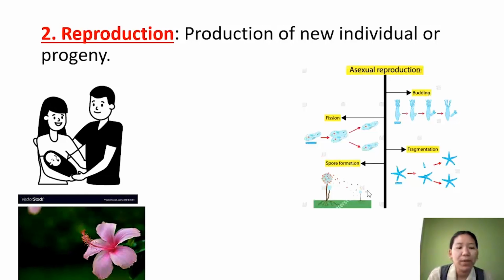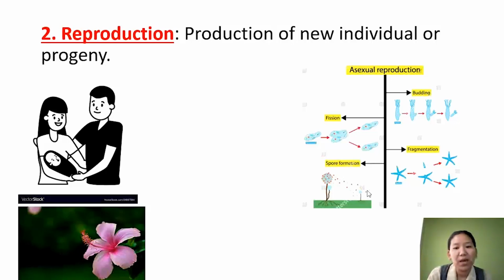The gametes of both the parents fuse to form a zygote, and this zygote in turn grows into an individual. That progeny is similar to its parents, but not identical to the parents because of recombination. So you see that reproduction can take place through asexual means as well as sexual means. So reproduction becomes an important characteristic found in living organisms.